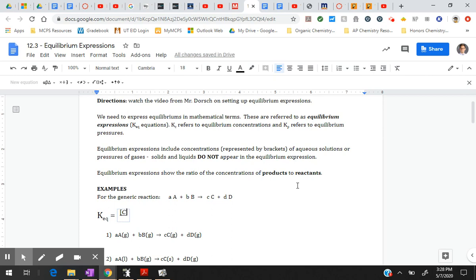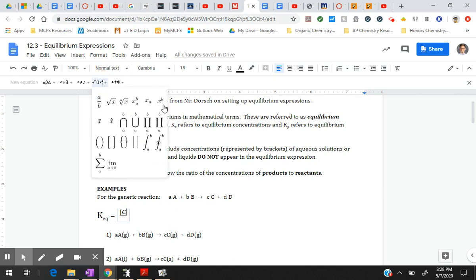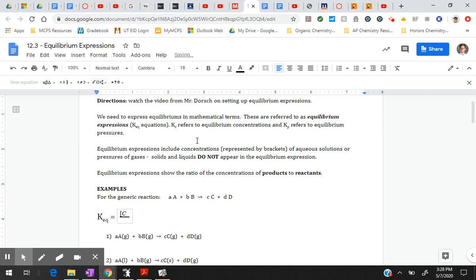So I open my bracket, and I have C. And then before I close my bracket, I need to put x to the b. I will close my bracket and press the right arrow key over 1, and you'll see the tick mark moves up to the right, so that way I can do my exponent. My exponent in this case is my coefficient, which is c. I can press the right arrow key again, and it puts me back on a normal line, and I can repeat the process.